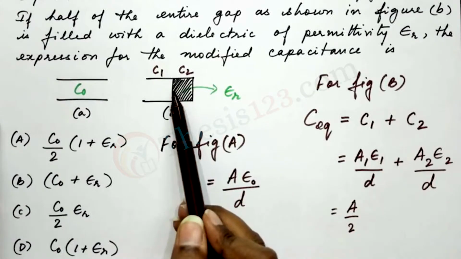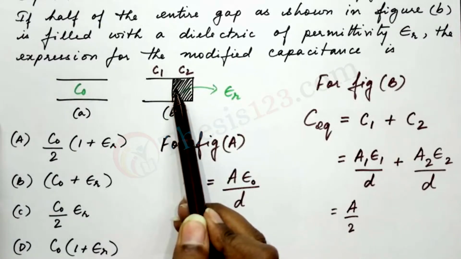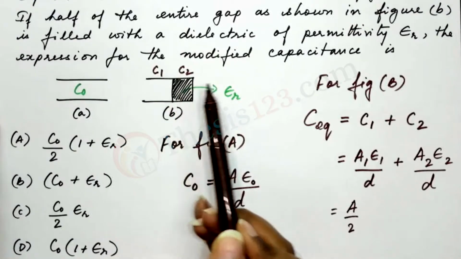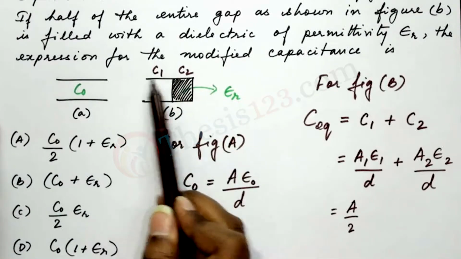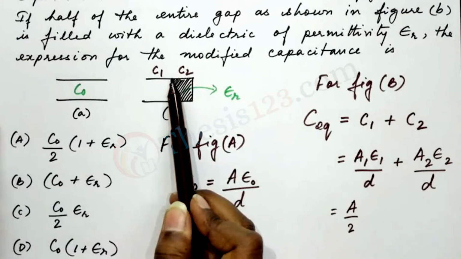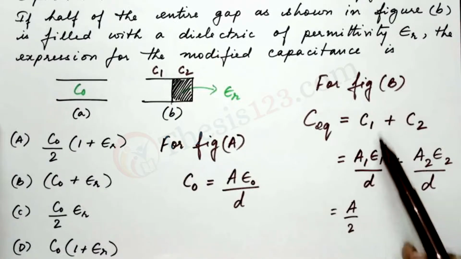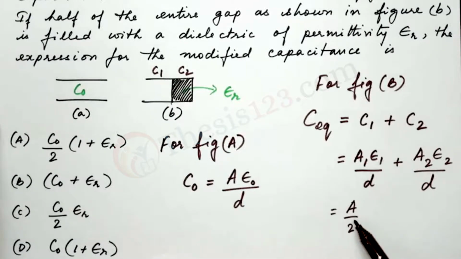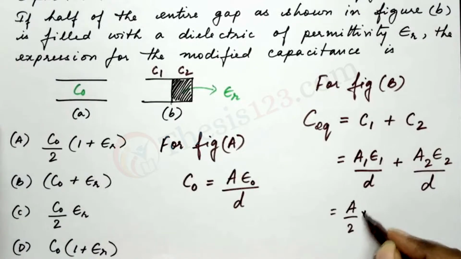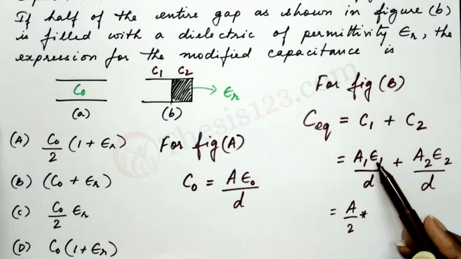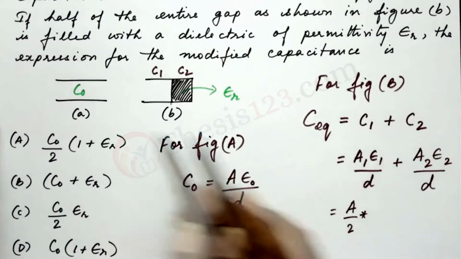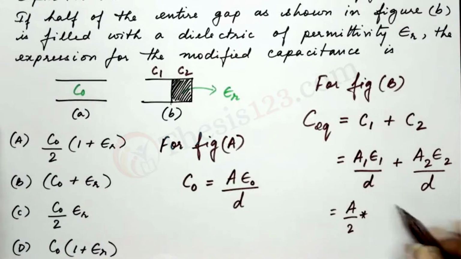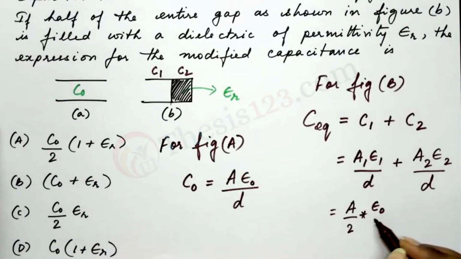Because half of the capacitor is filled with one dielectric while the other half is filled with the other one. So the area of the plates is now halved. For C1 it is A by 2, and for C2 also it is A by 2. Now the permittivity of the first part is epsilon naught. The distance is anyway D.